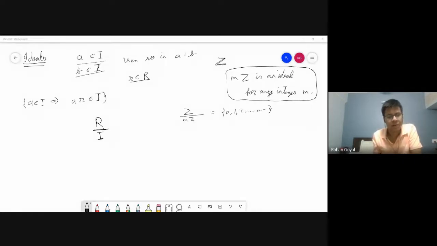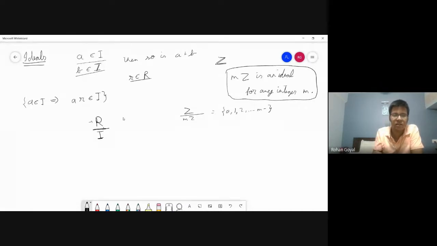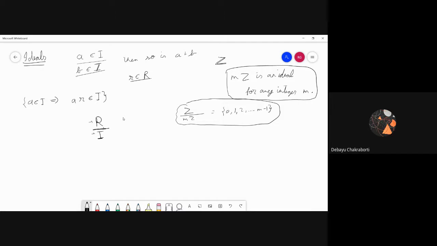Any guess of how you would want to define R by I for some ring R and an ideal I in it, if you know that Z by MZ is usually defined as just numbers mod M?